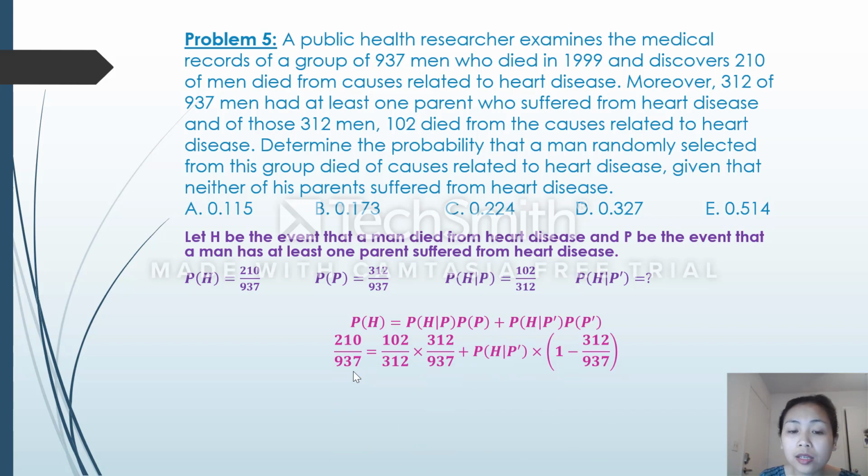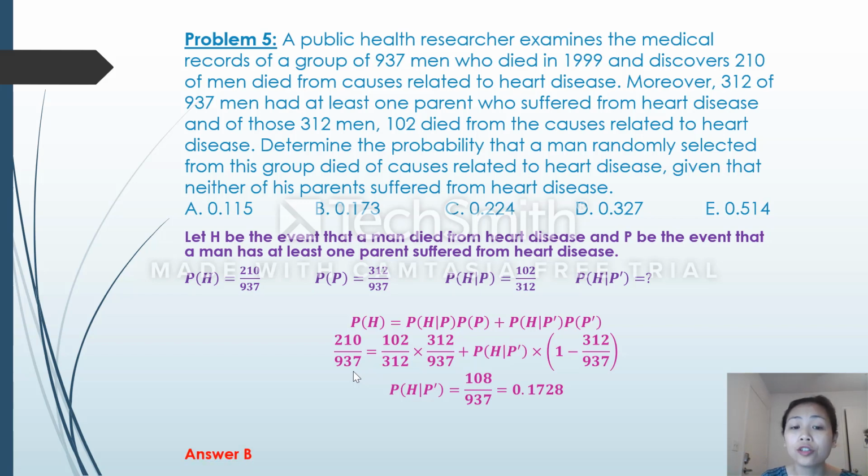So the probability of X is 210 over 937, equal to the probability of X given P, which is 102 over 312, times the probability of P, which is 312 over 937, plus the probability of X given P prime, which is what we need to find, times the probability of P prime, which is 1 minus 312 over 937. From here, it's basically a linear equation of one single variable. So we find the probability of X given P prime is 108 over 625, and the answer is 0.1728.